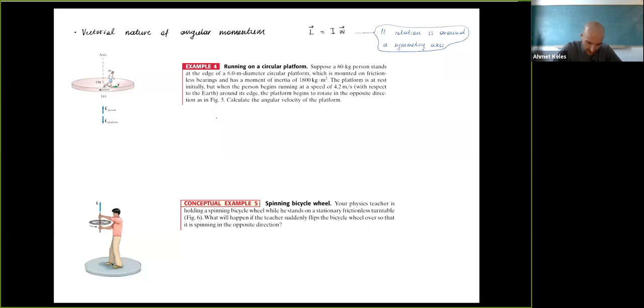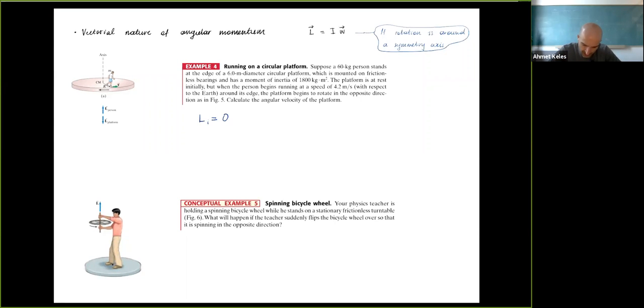Now let's just see this. Initially, angular momentum L_i is, so the person is at rest. The platform is at rest. There's no angular momentum, right? Initially, it is 0.